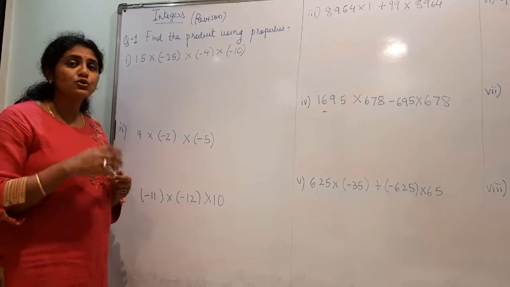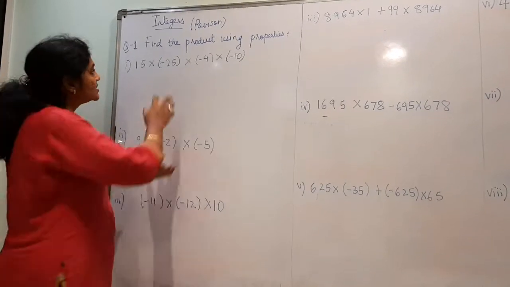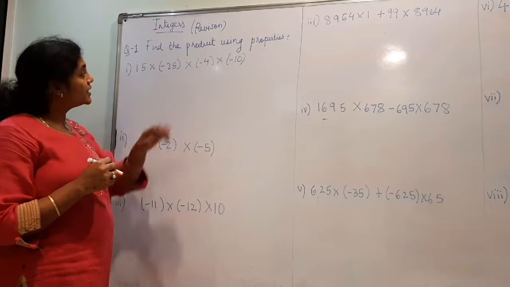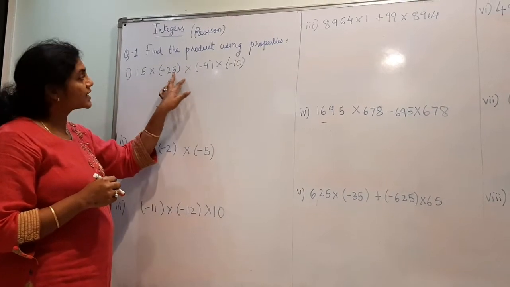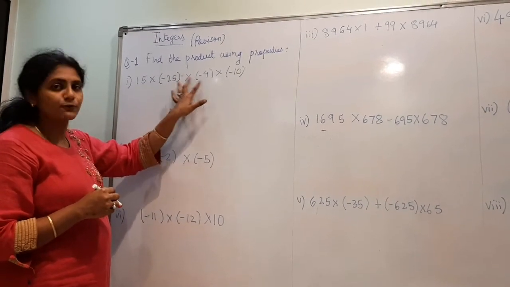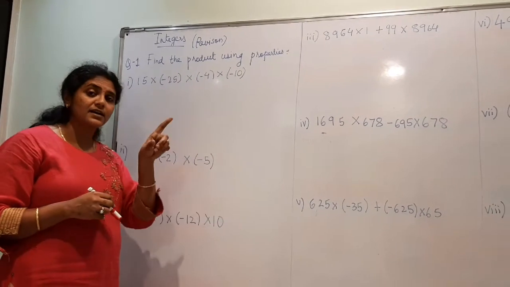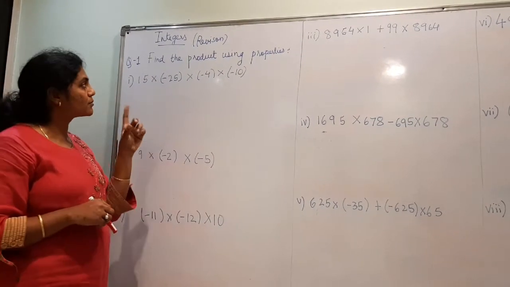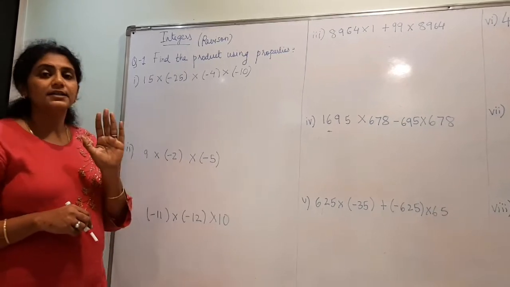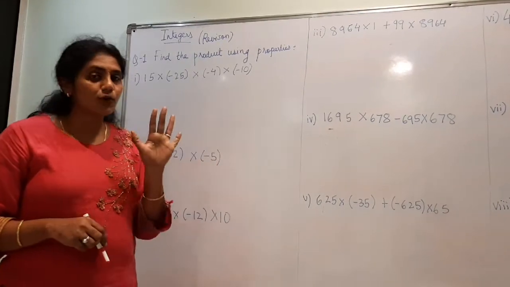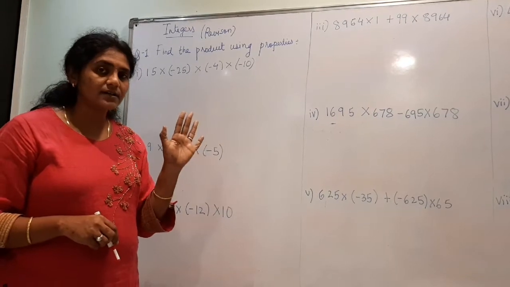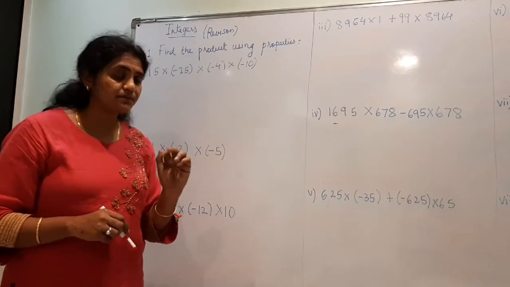Associative means you can rearrange the numbers. You can take it in any way and find the answer. And associative, as I have discussed, is valid only for multiplication and addition, and not for subtraction and division.